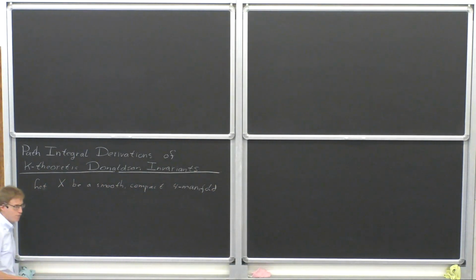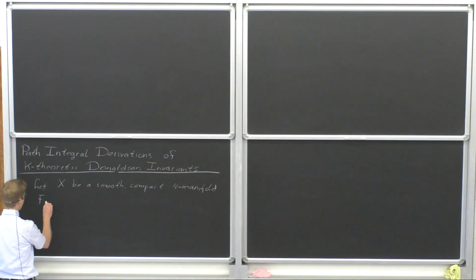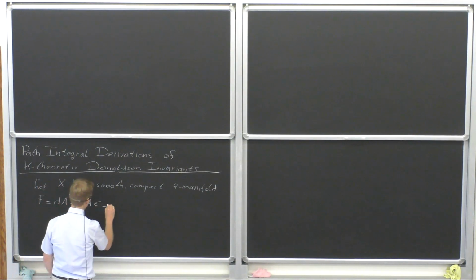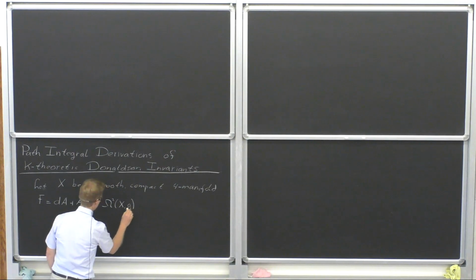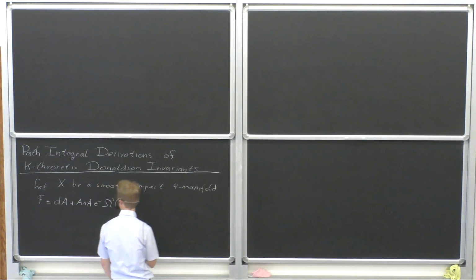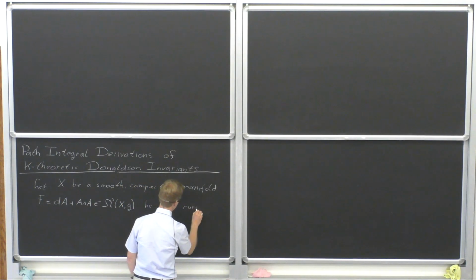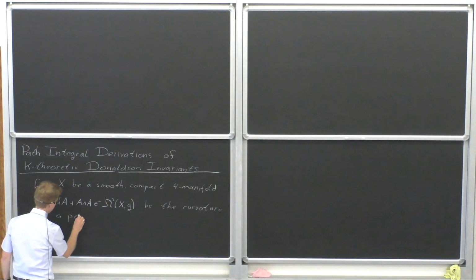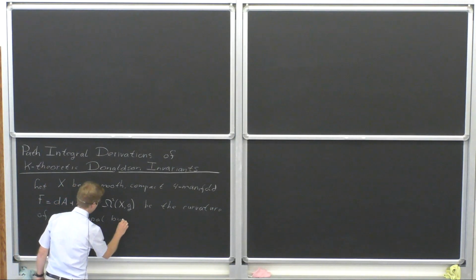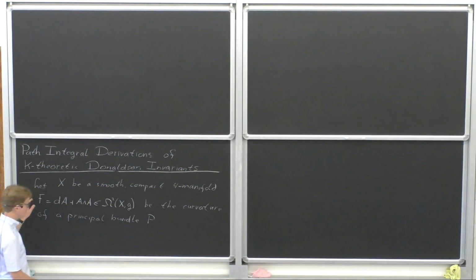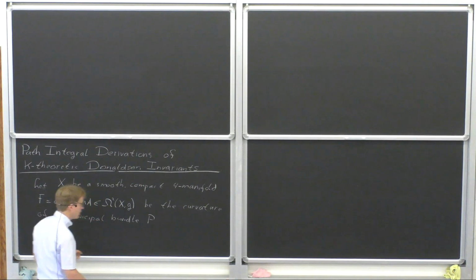And then we consider a field strength F, for some Lie algebra G, as the curvature of some principal bundle P. And then there is a set of well-studied spaces, the instanton moduli spaces.